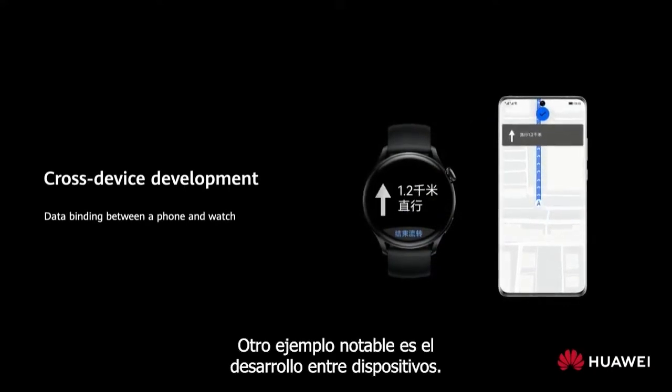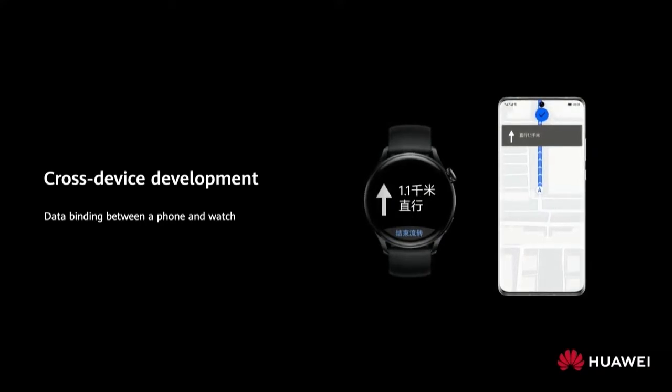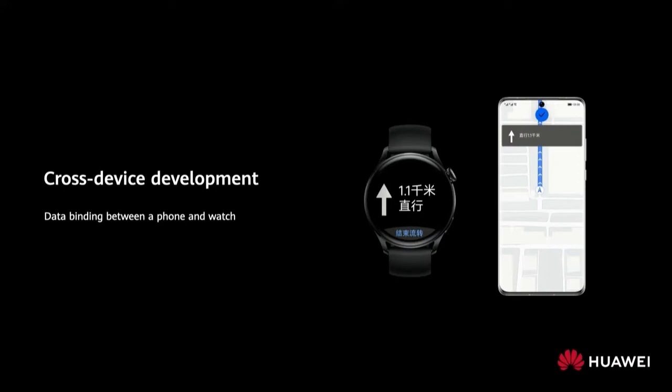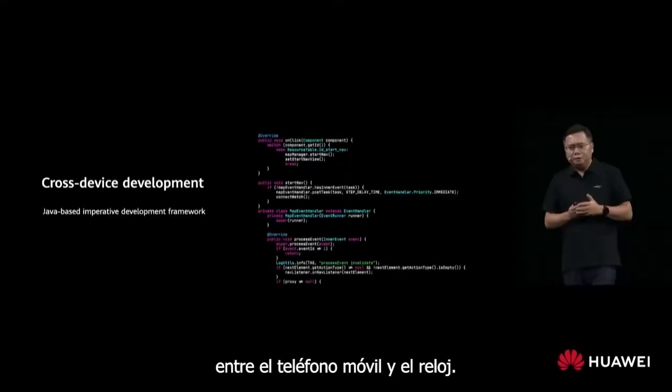Another great example is cross-device development. In this case, data binding between a phone and a watch jointly for navigation function. What we need is the data binding between the mobile phone and the watch.